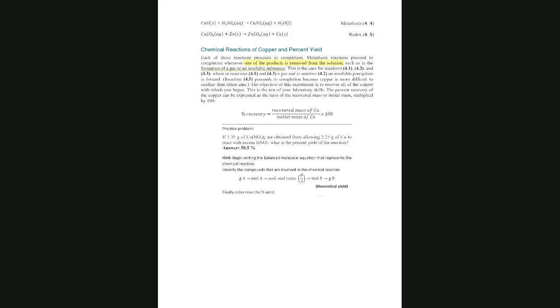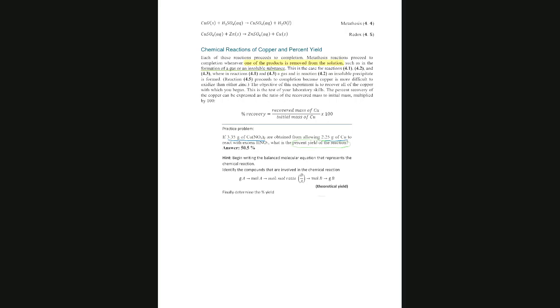It says, if 3.35 grams of copper nitrate are obtained from allowing 2.25 grams of copper to react with excess nitric acid, what is the percent yield of the reaction?